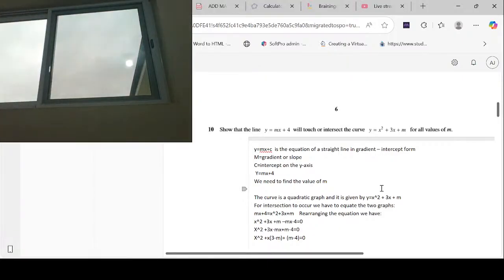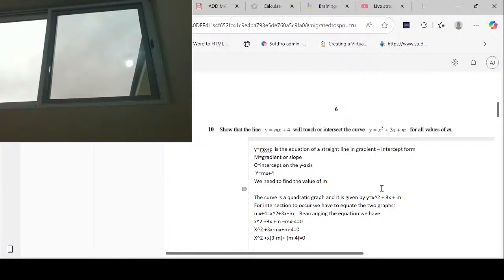Okay, so the first equation is y equals mx plus 4, am I correct? Then the second one is x squared plus 3x plus m. So once you do that, irrespective of the value of m, it's always intersecting. Putting them together, we have x squared plus 3x plus m equals mx plus 4.